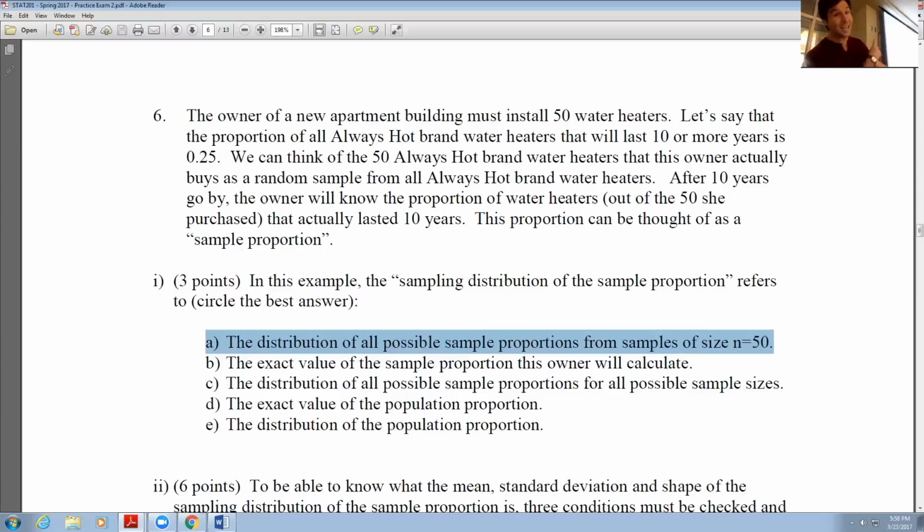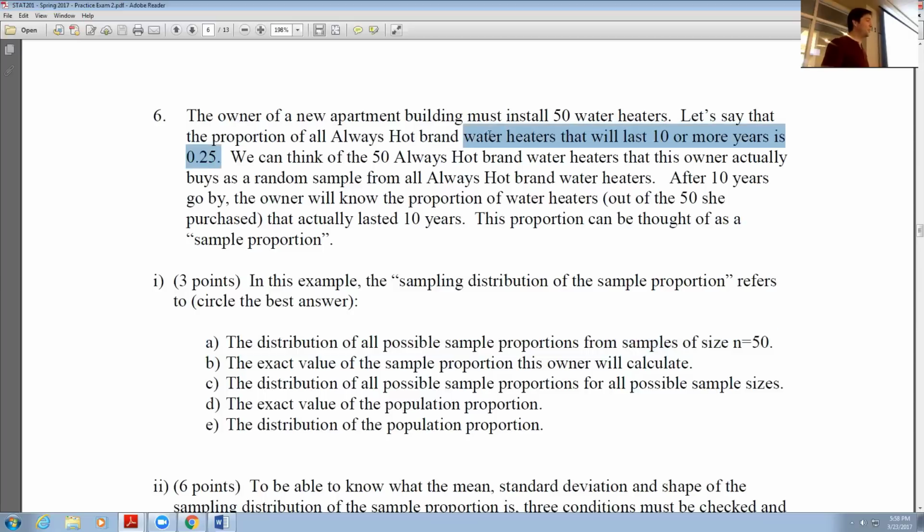Now I want you to take a guess. What's your best guess of the proportion of water heaters that will work after 10 years? 25%. Because it says 25% are expected to work after 10 years. So we'll see this with the David M. Lane applet in a moment, that you would expect 25% of her water heaters to work after 10 years. Does that make sense? So that's what we would expect. But isn't it possible that maybe all of them could work?